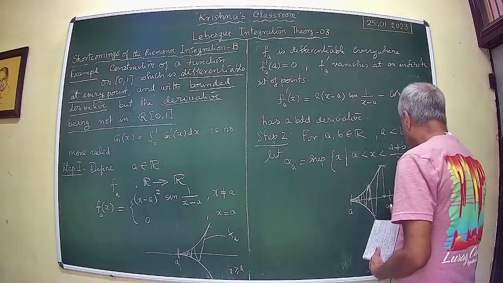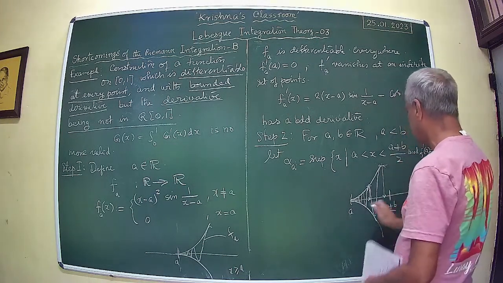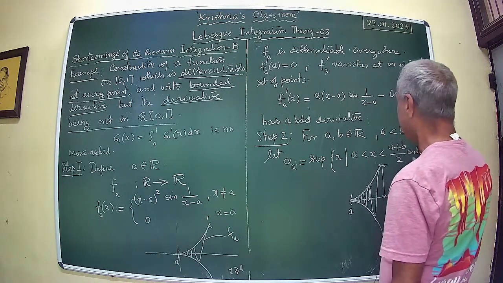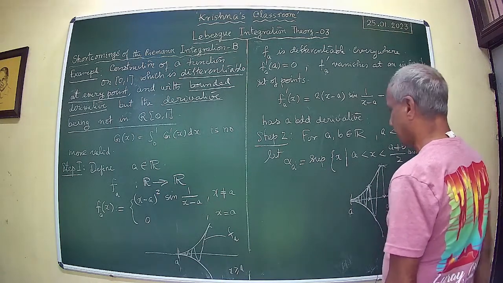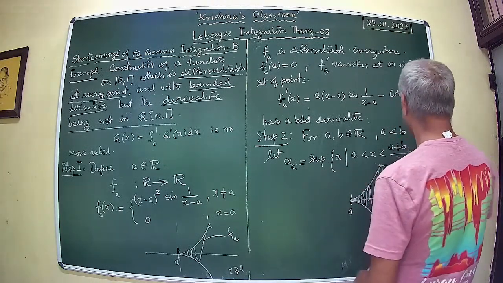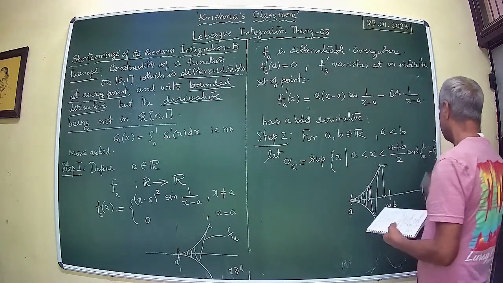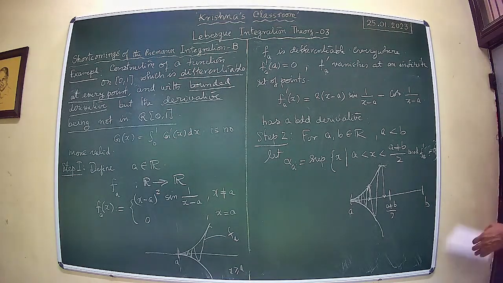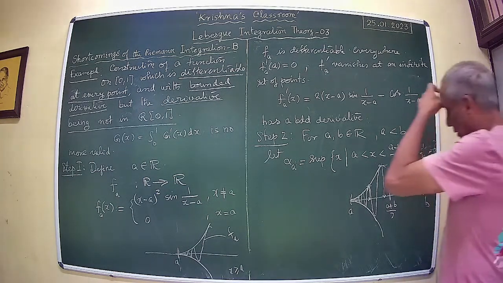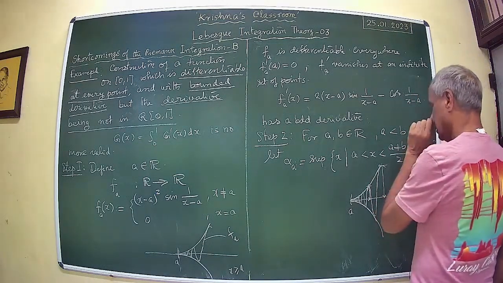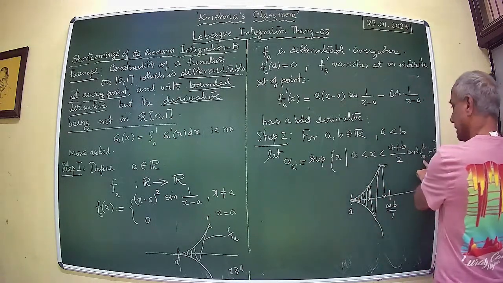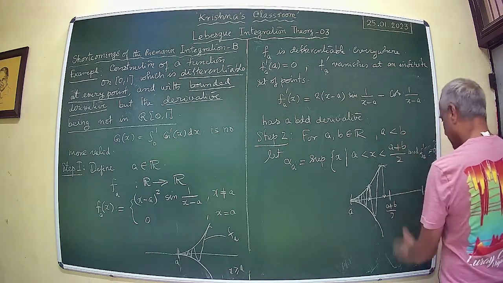And this is the point (a+b)/2, the midpoint. The set of all zeros of f derivative is bounded by (a+b)/2.